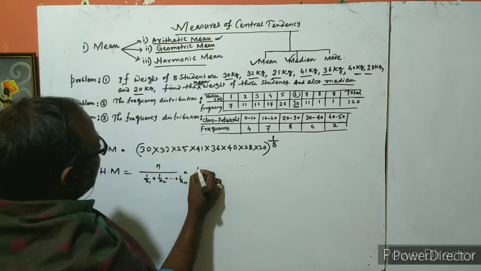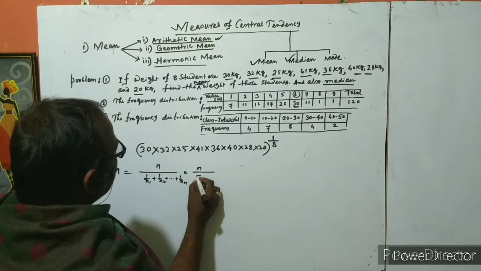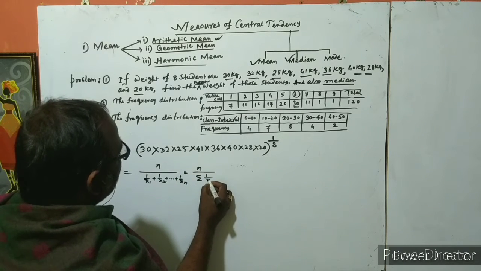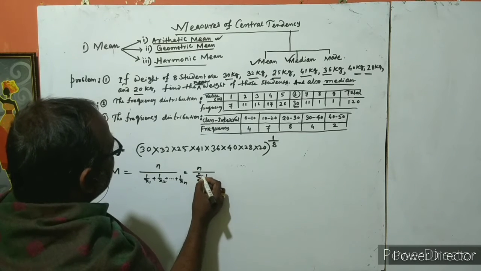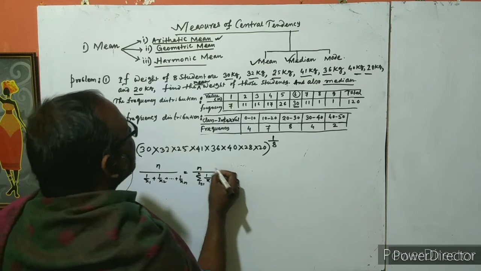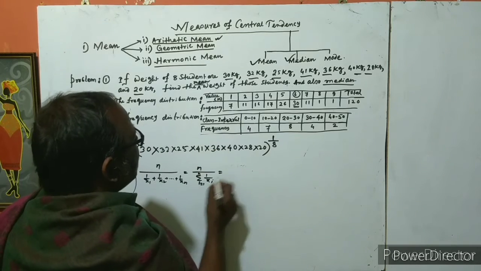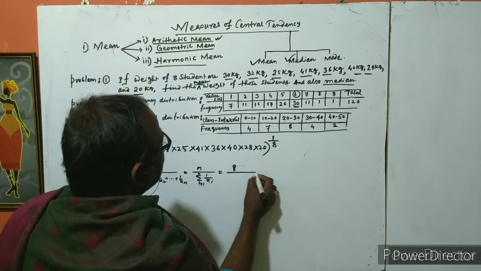Okay, and that is symbolized by n by summation 1 by xi, i equal to 1 to n.